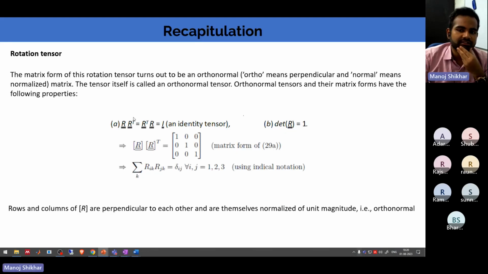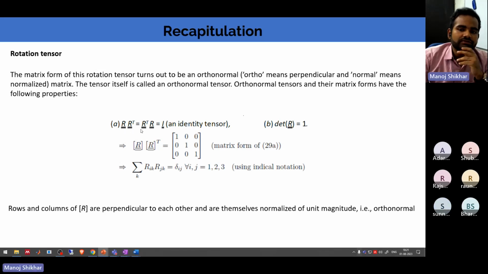The special properties this rotation tensor has are R transpose R equal to the identity tensor. You can even try it by yourself. I will tell you how to write a rotation tensor. And the determinant of R will be 1.